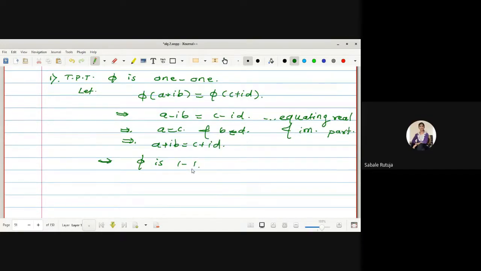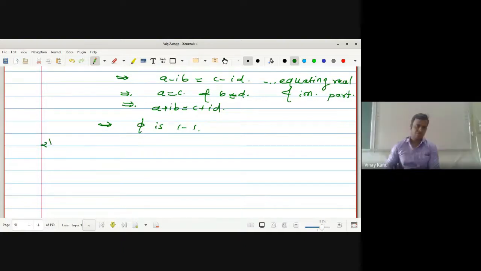No, sir. Now, second part. To prove that phi is onto, range is equal to codomain. Take any element from the codomain. If there exists a preimage in the domain, then phi is onto.